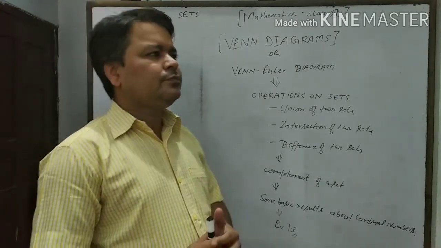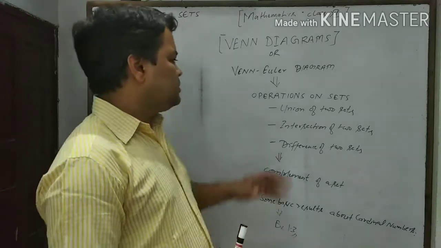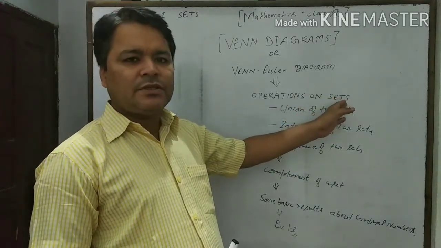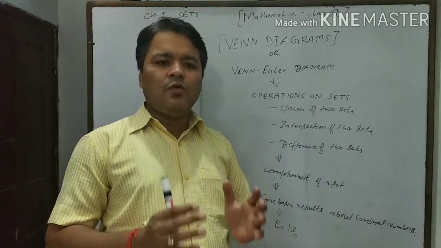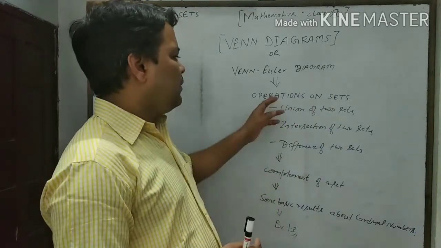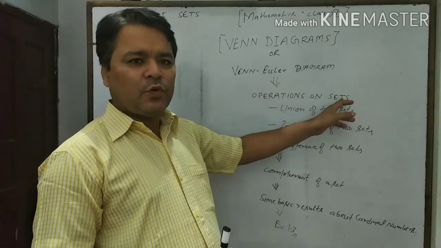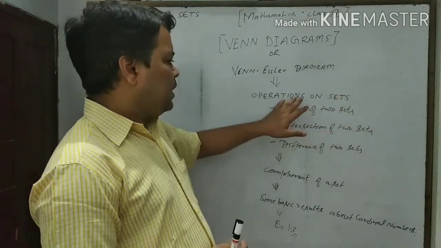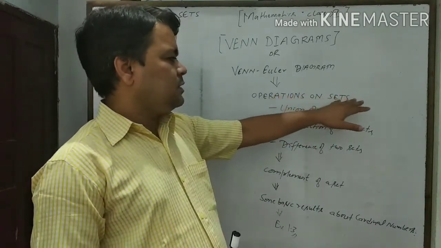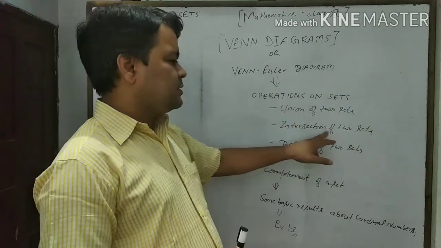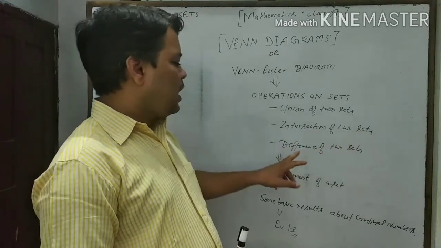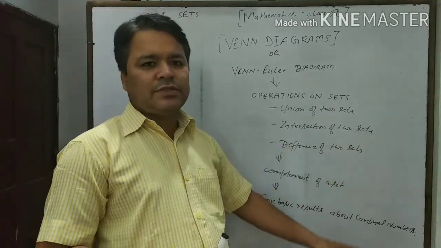After that, the operations on sets, which means how, with the help of Venn diagram, we can do operations on sets. In the operations on sets we will discuss the union of two sets, intersection of two sets, and difference of two sets.